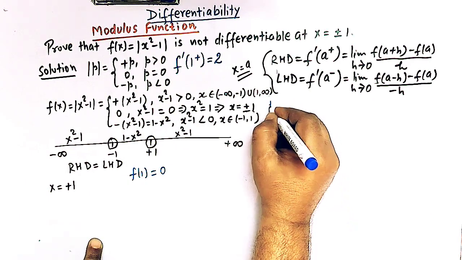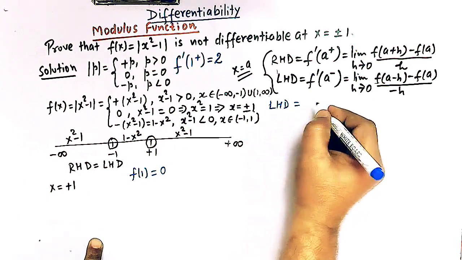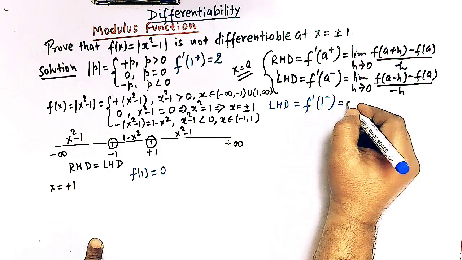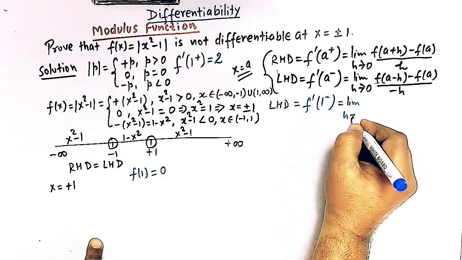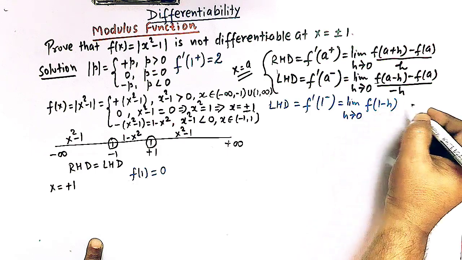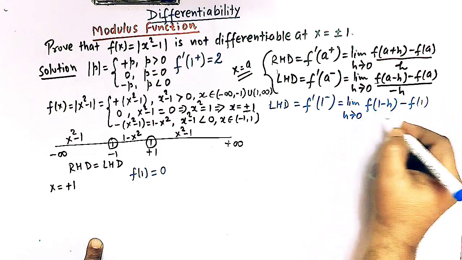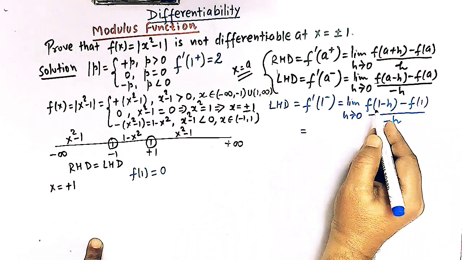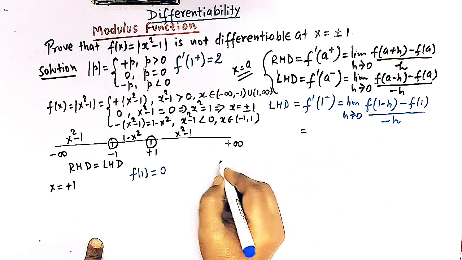So now the left hand derivative is given by f prime of 1 minus, and we have limit h tends to 0, f of 1 minus h minus f of 1 divided by minus h. So now here we have 1 minus h.